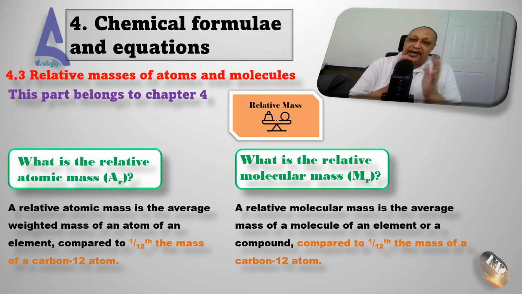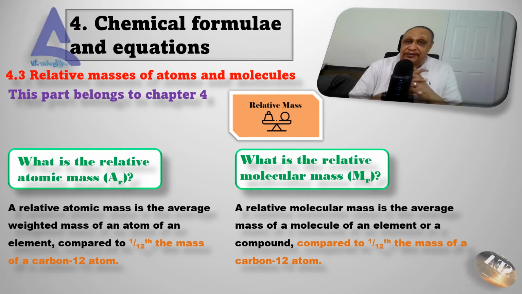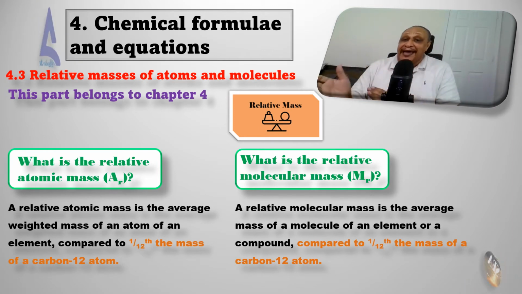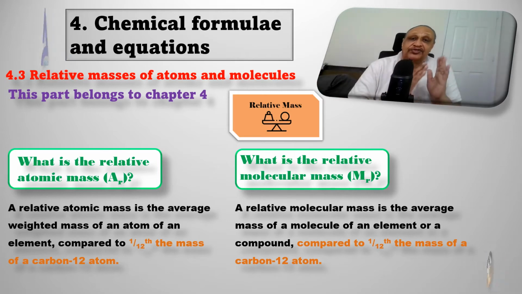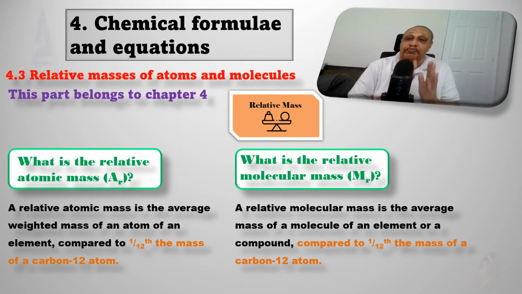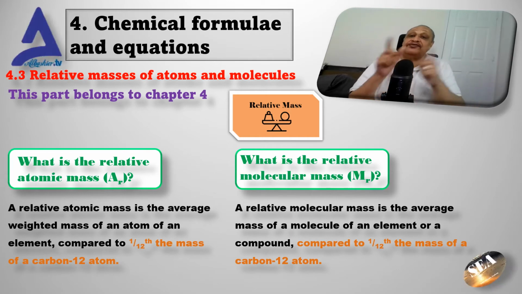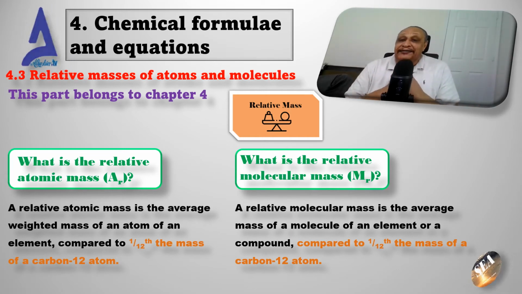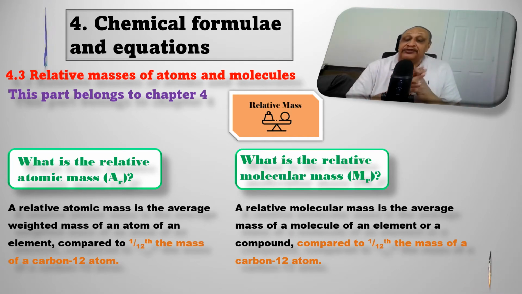Now, if we are talking about a molecule, we say that relative molecular mass is the average mass of a molecule of an element or a compound compared to 1/12 the mass of a carbon 12 atom.